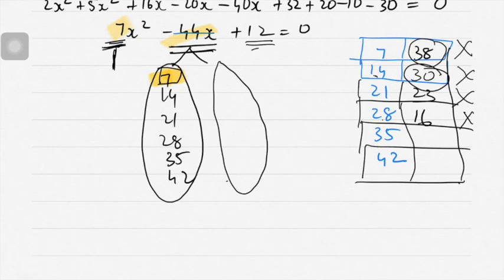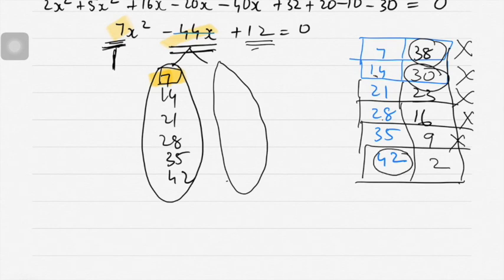Is 16 a factor of 12? No. Then if 35 is my first number, then 9 would be my second number, because 35 plus 9 will become 44. Is 9 a factor of 12? No. Then 42 and 2.